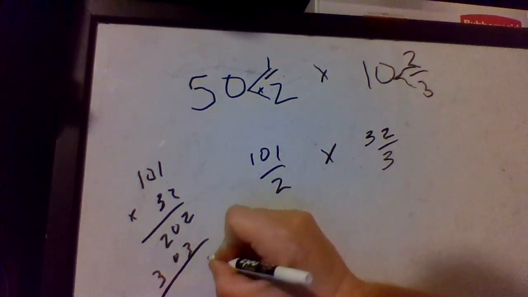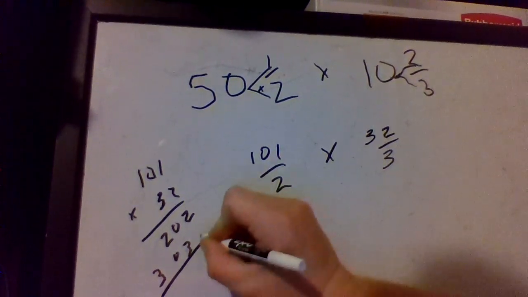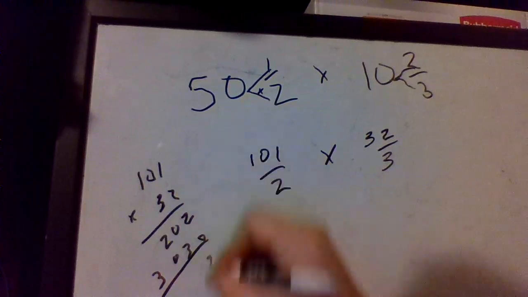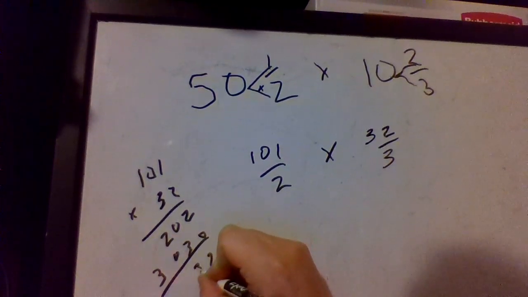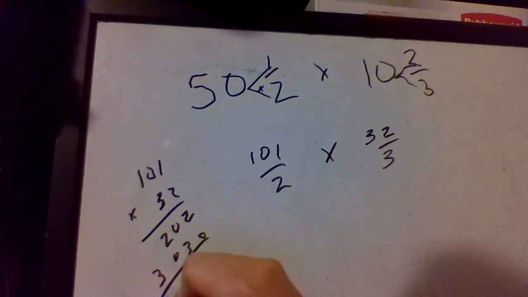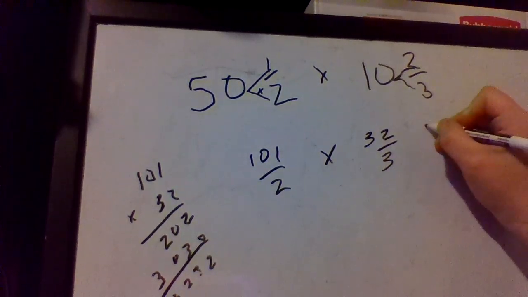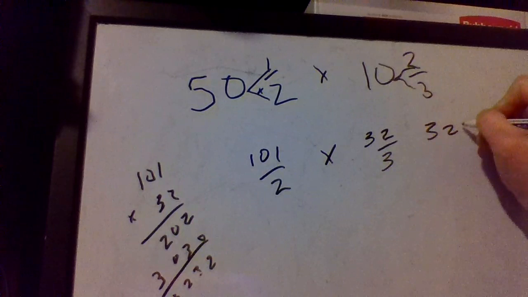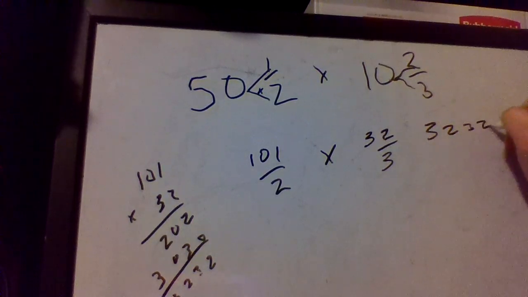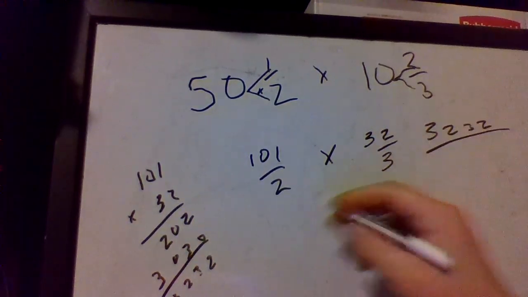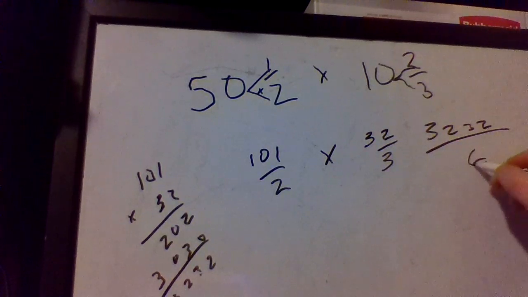Alright, so we bring down our 2. 2 plus 0. There would be a 0 there. I was just doing it fast. 3, 2, 3. So 3,232 over 2 times 3 is 6.